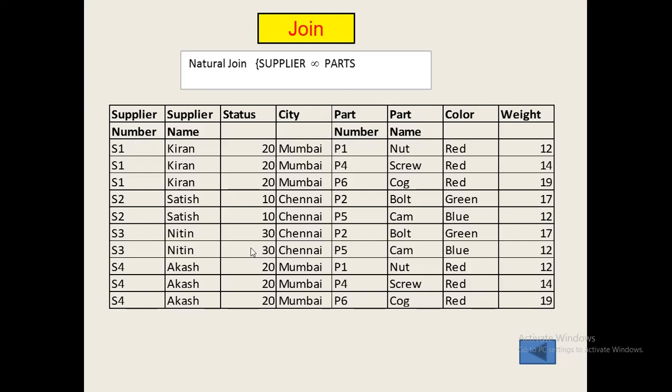The natural join for the relations supplier and parts is on attribute city. In the result table, every supplier with a particular city from the supplier dataset is joined with all parts supplied from that city. For example, S1 Kiran 20 Mumbai from the supplier database is joined with the three parts P1, P4, P6 supplied from Mumbai city from the part database.